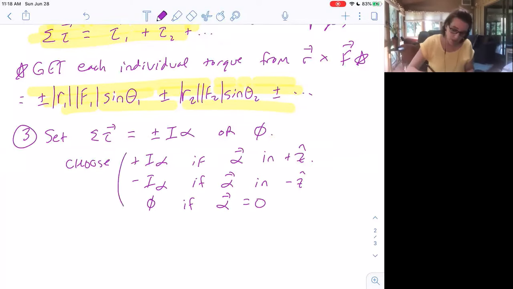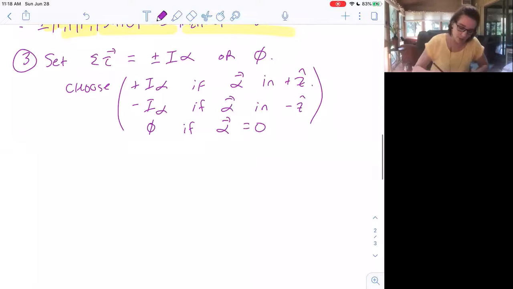So that's going to basically be what I do, and then I end up with the equation of motion for that object.